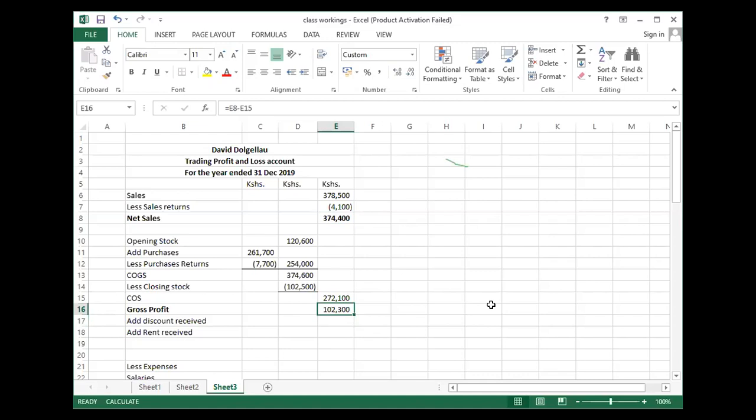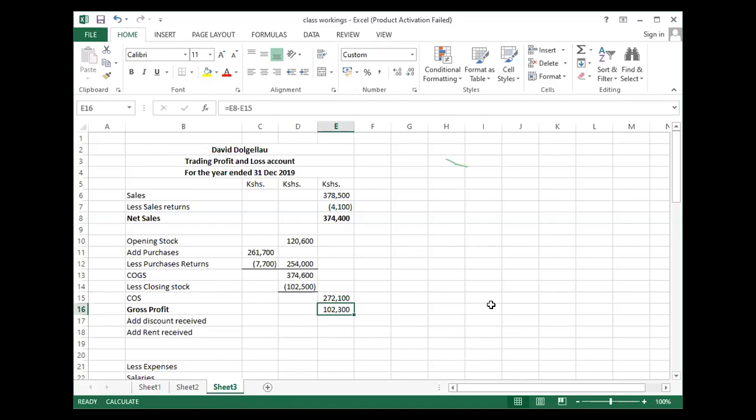Good. Now, it is important for us to go to the additional information that you were given. If you look at that additional information, you will find there is closing stock of 102,500. That is where we have gotten it.